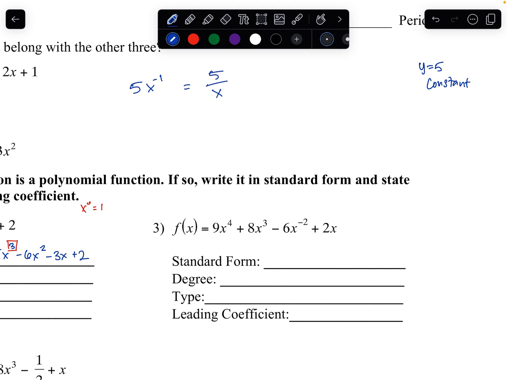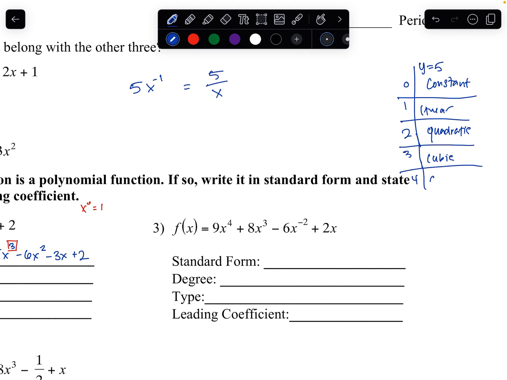And then if it's of degree 1, it's linear. If it's of degree 2, it's quadratic. If it's of degree 3, it's cubic. And hopefully you don't get anything more than that, but if it's of degree 4, it's quartic. Okay?